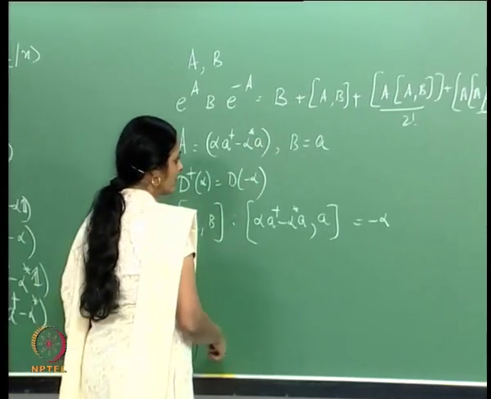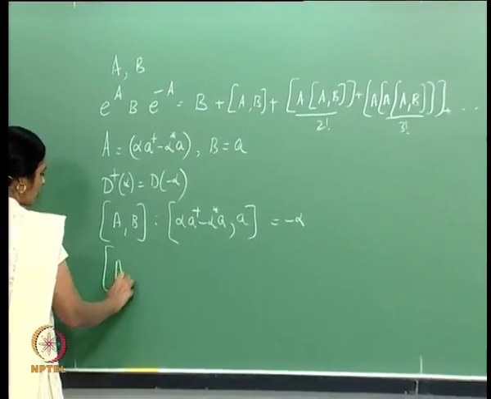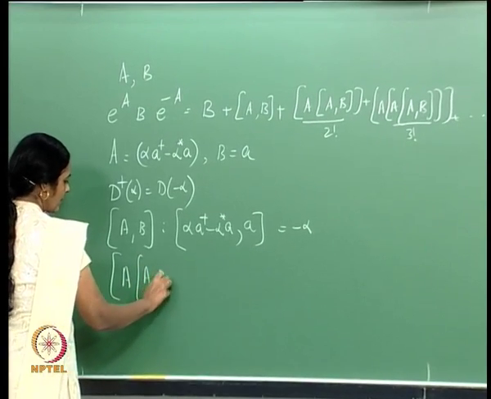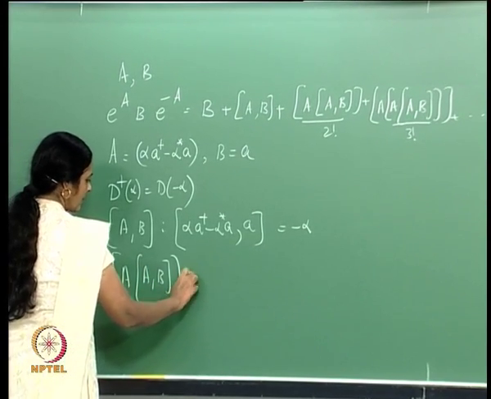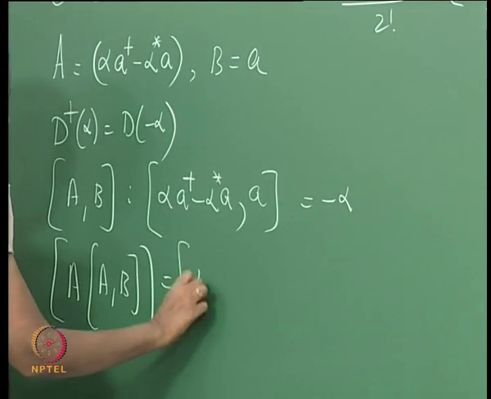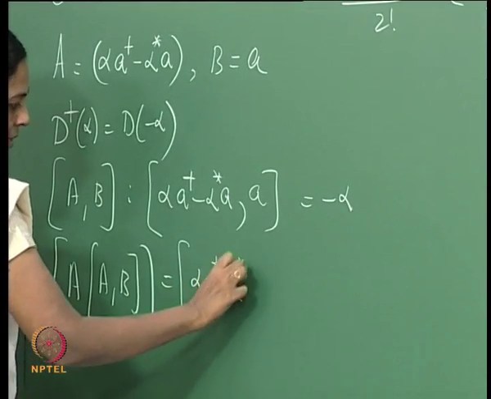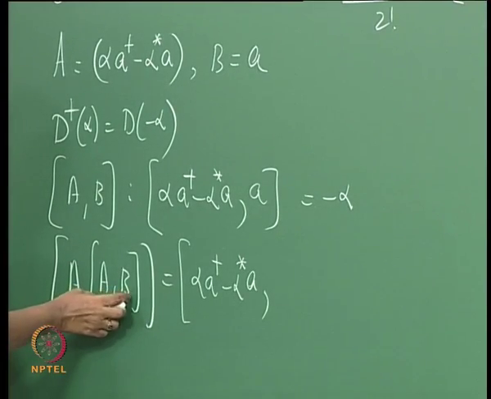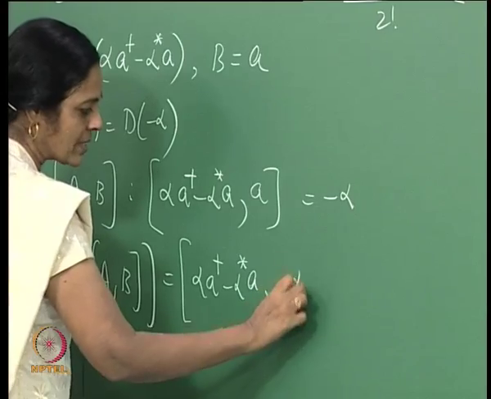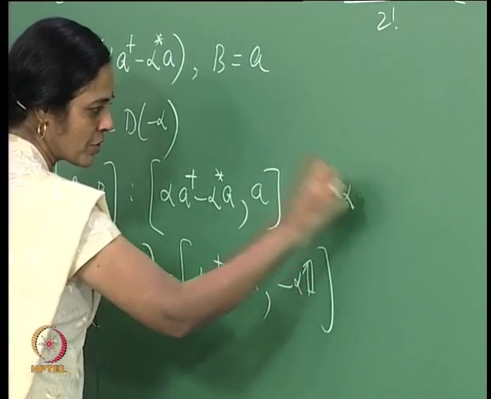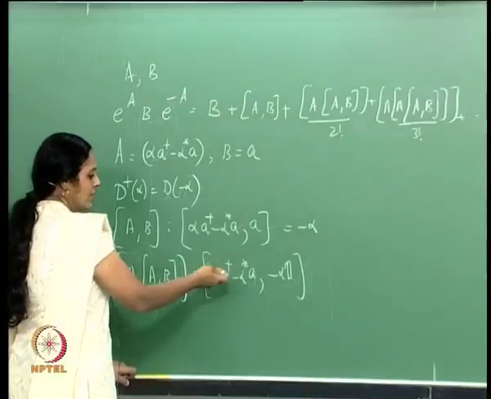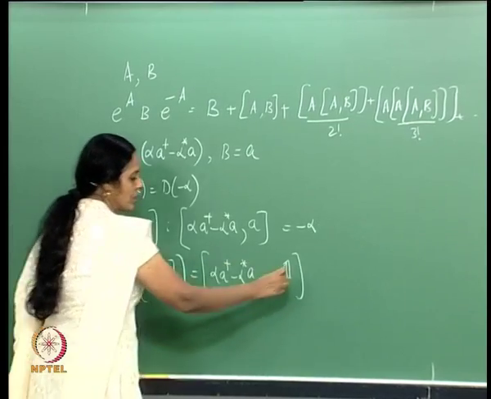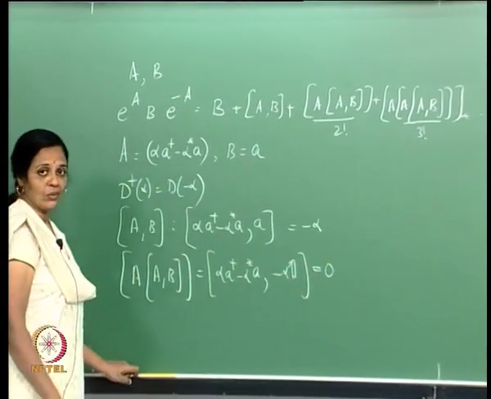The next term calls for the commutator of A with the commutator of A with B. Now that is the same as writing the commutator of alpha a dagger minus alpha star a with the commutator of A with B, which is minus alpha times identity, if you wish, which is what we have not put on here, but any operator commutes with the identity, and therefore that is 0.